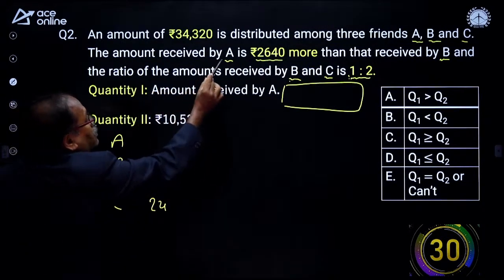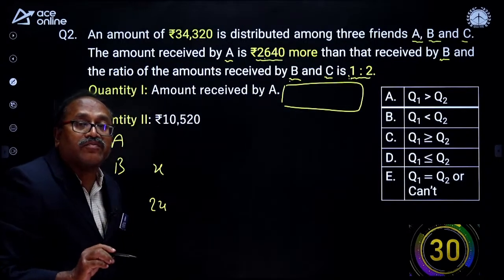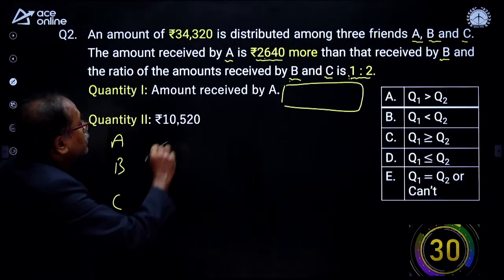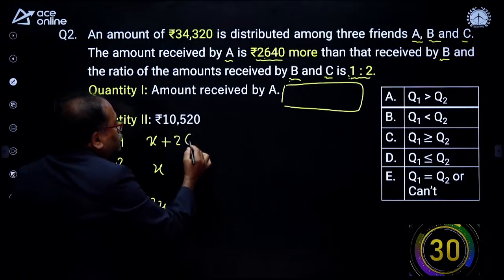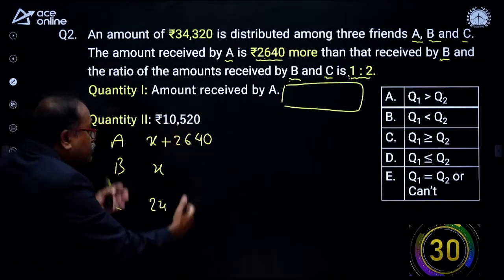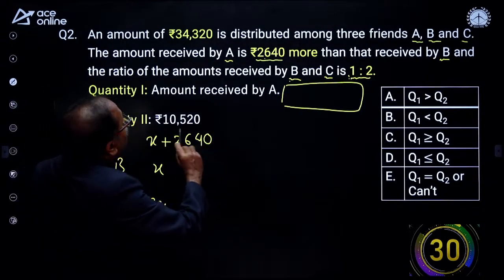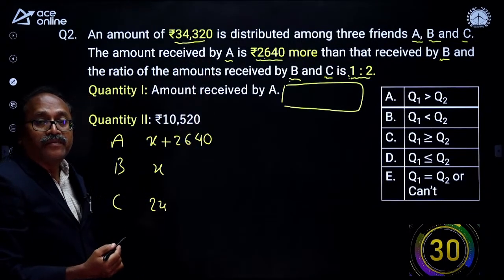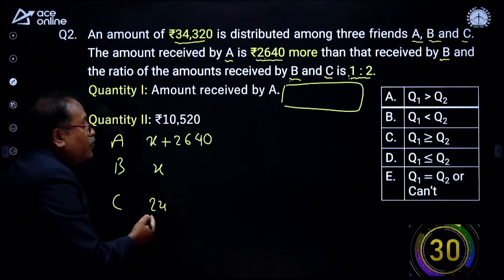Now it is said that A received 2,640 more than that of B. So if B is getting x rupees, then A will be getting x plus 2,640. This is the total money, and this total money is given as 34,320. So x plus 2x, that is 4x.